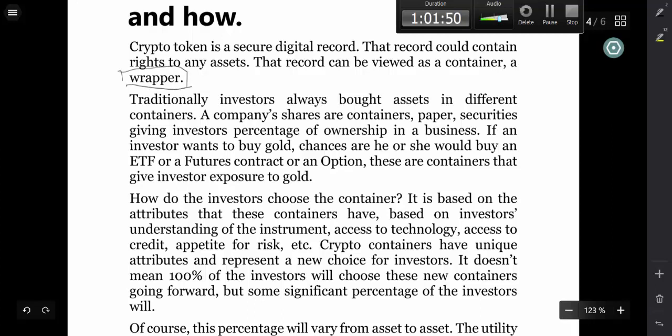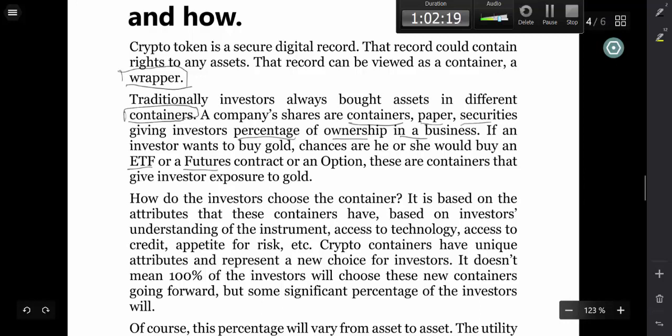So traditionally, when investors buy assets, they do that in different containers or with different wrappers. A company's shares are wrappers, containers, paper securities, giving investors a percentage of ownership in a business. If you want to buy gold or silver, you might do so with an ETF or futures contract.